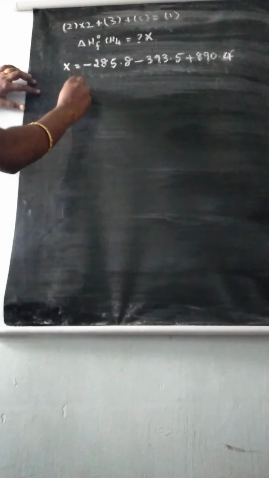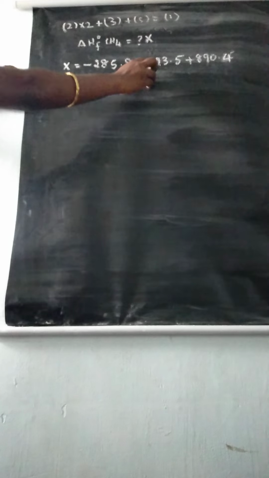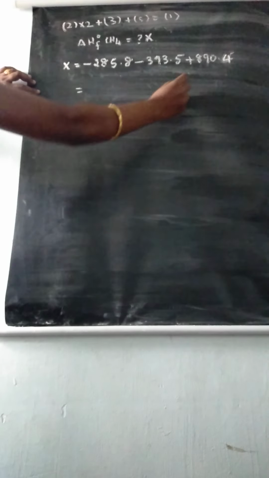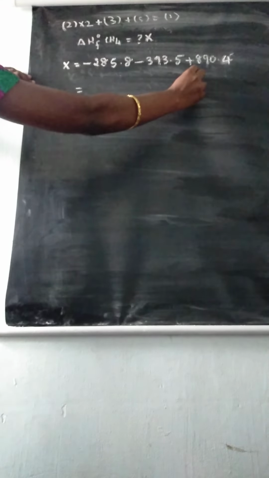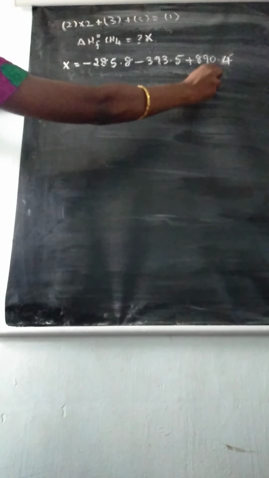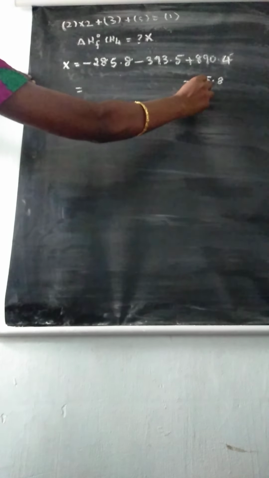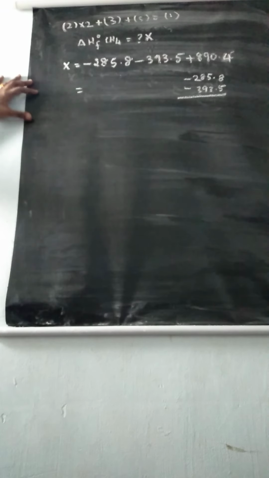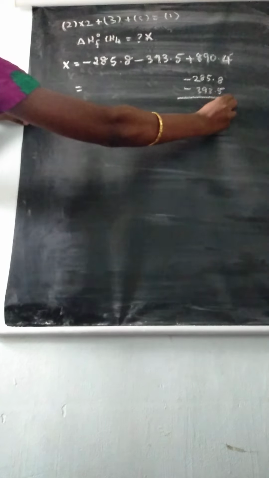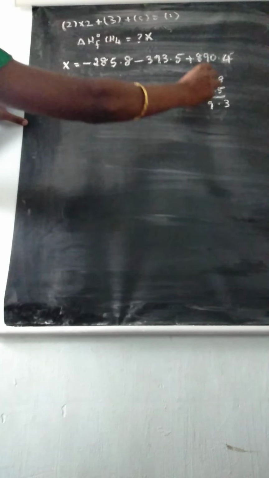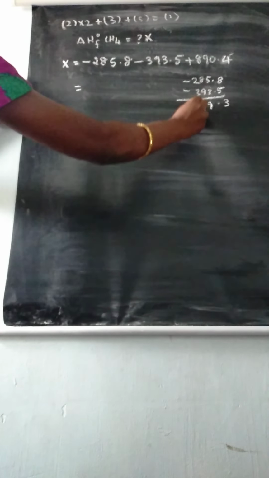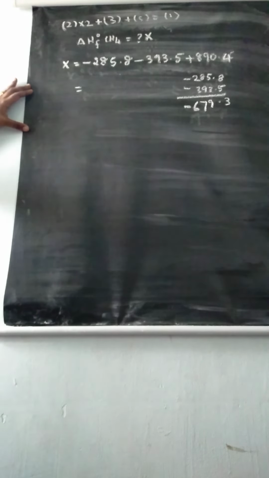Minus minus, so adding minus 285.8 and minus 393.5 you will get minus 679.3.